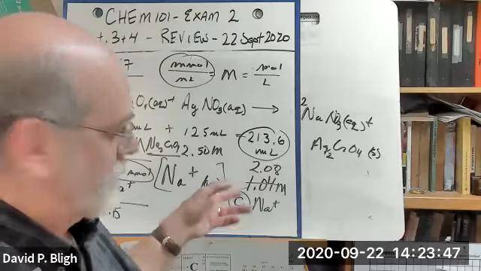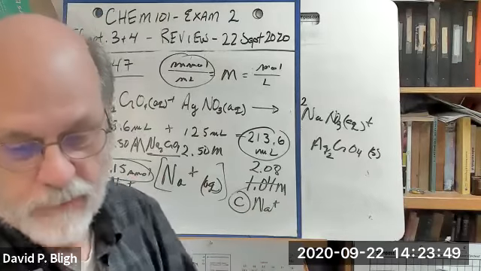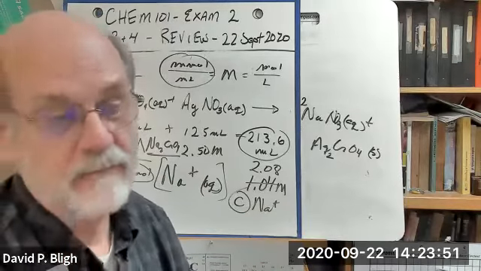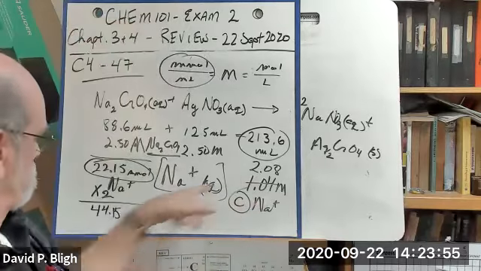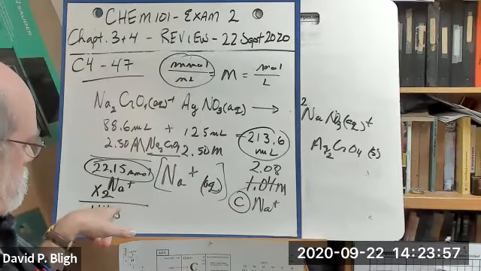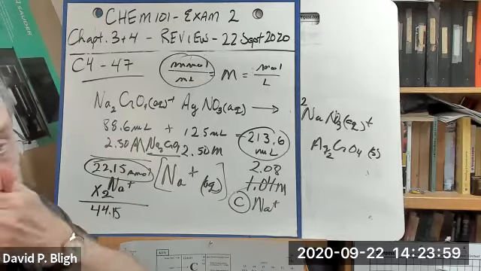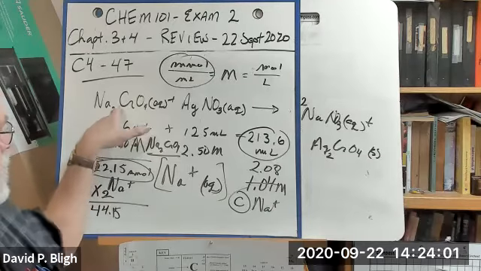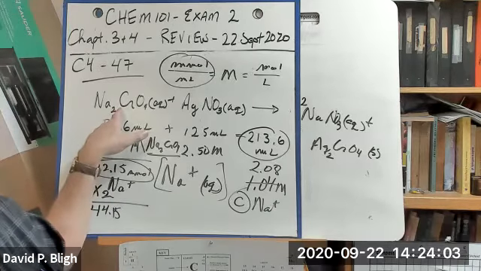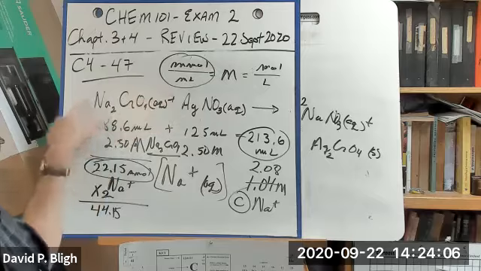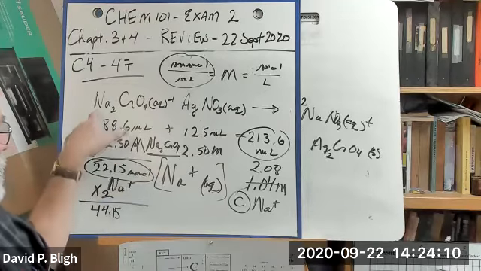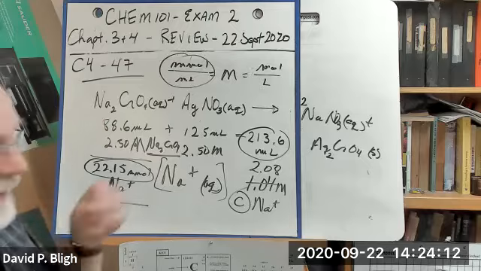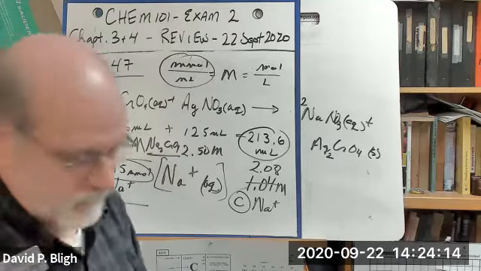So if I were in a hurry, I would have picked the wrong answer. Pick B, it's wrong. Pick C, it's right. Because you have to take into account this source gives you twice as many sodium ions as moles of the compound. This is molarity of the compound. Molarity of the sodium is twice that. Okay.